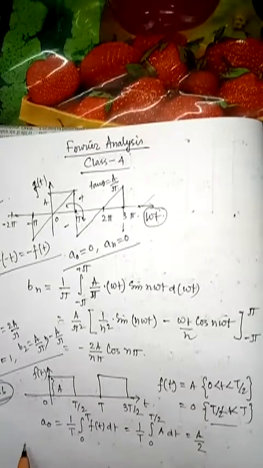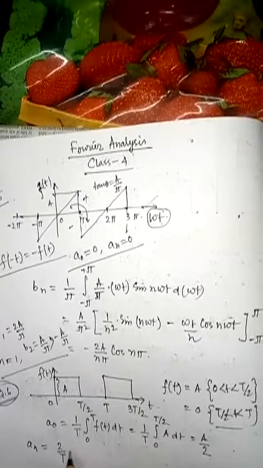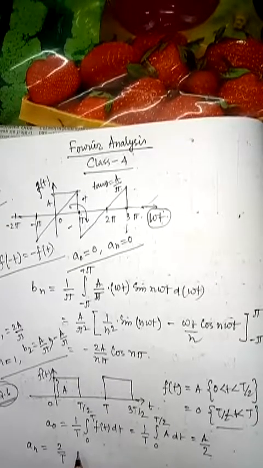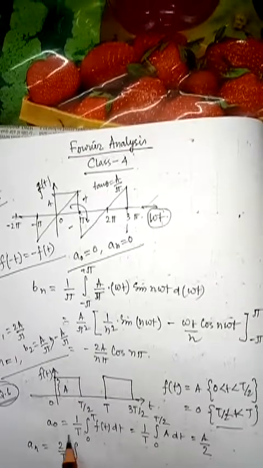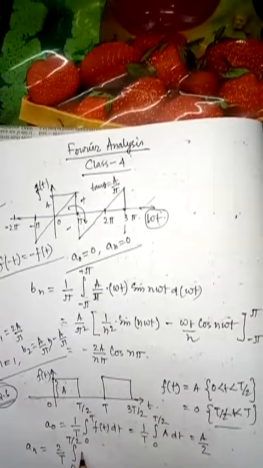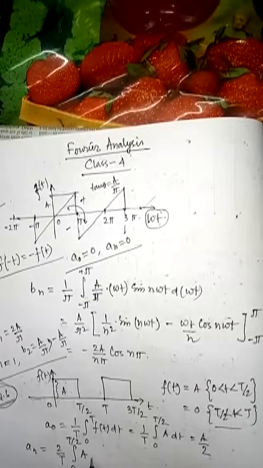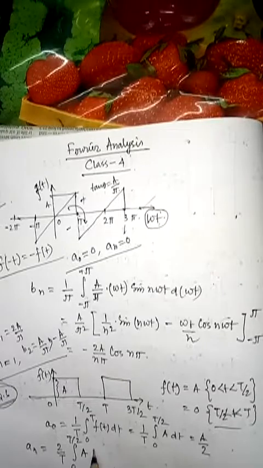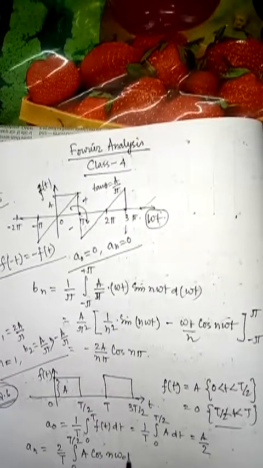And what is an? An equals 2 by T. I do it in a single way: 2 by T times the integration from 0 to T by 2 of A cos n omega 0 t dt.